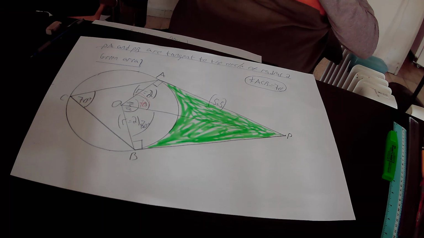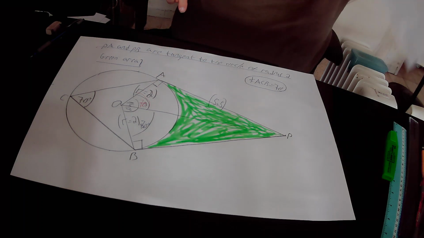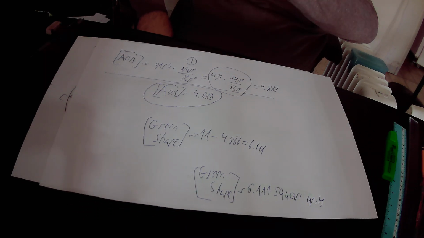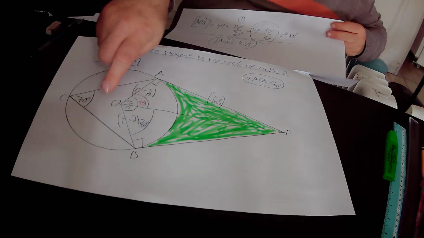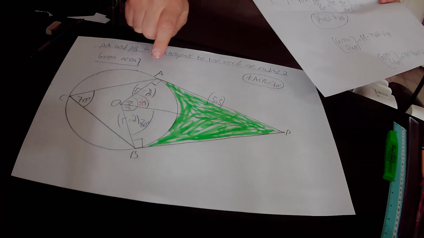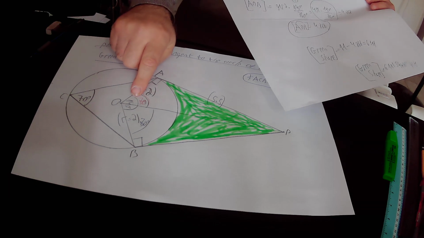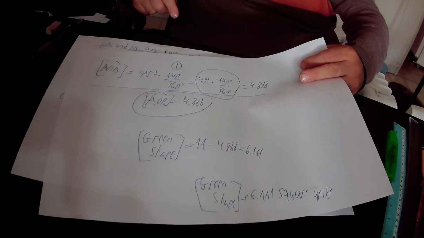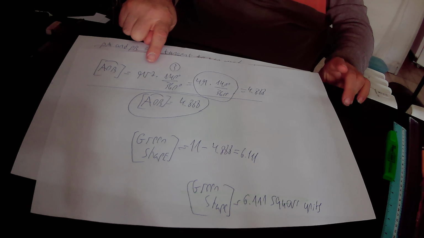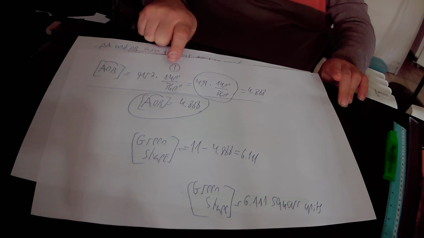Therefore, the area of this sector AOB, according to the formula that I presented to you, will be equal to pi r squared, times theta, that is 140 degrees, the angle between the legs of this sector AOB, over 360 degrees. I repeat again, the area of sector AOB equals pi r squared times the angle between the legs of the sector, that is 140 degrees over 360 degrees.